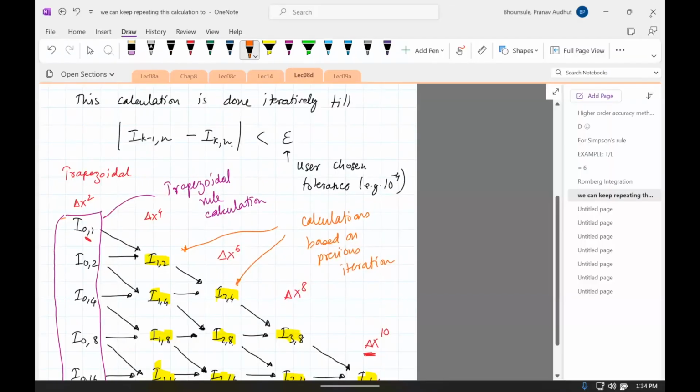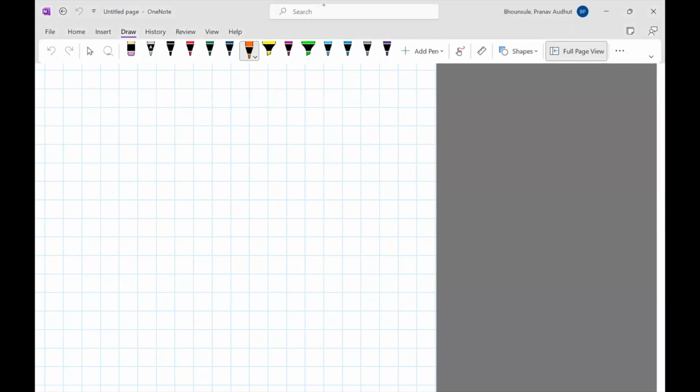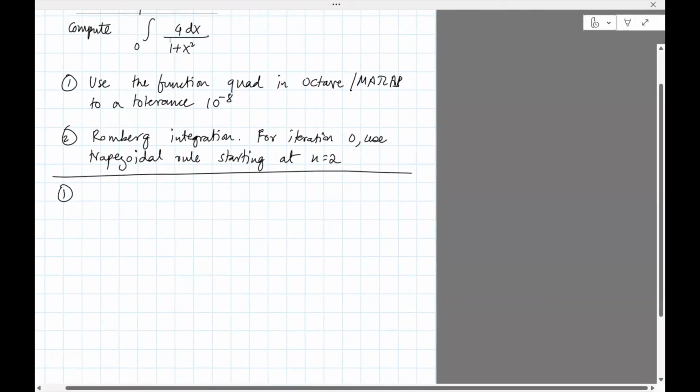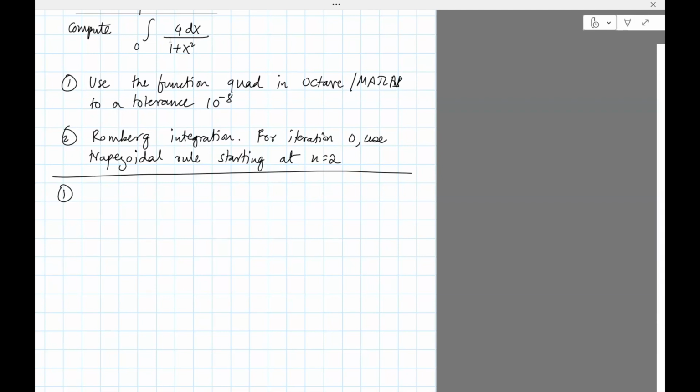Okay, so here's the problem. Why would you use quad in MATLAB? It is when you don't know the integral analytically. If you don't know the analytical solution, quad is a way of giving you the answer. So you could use quad.